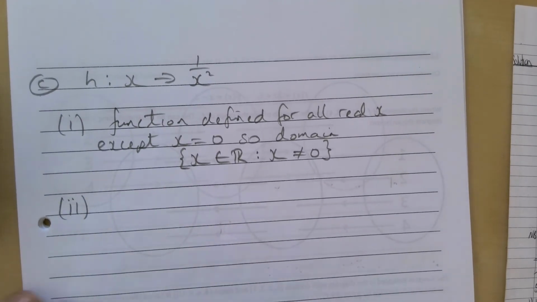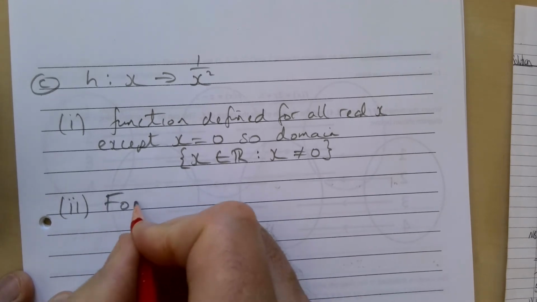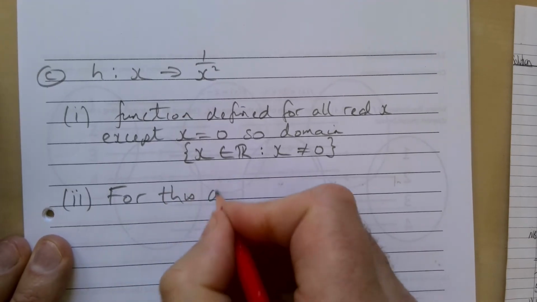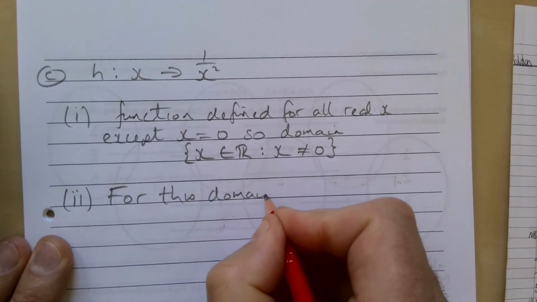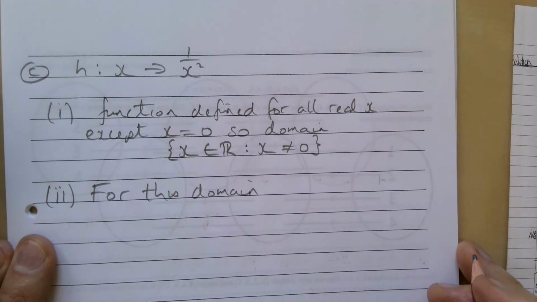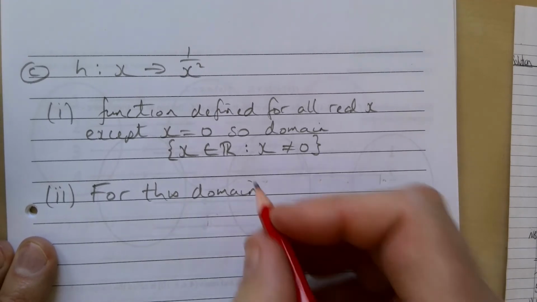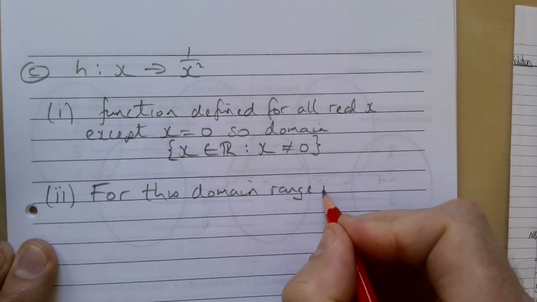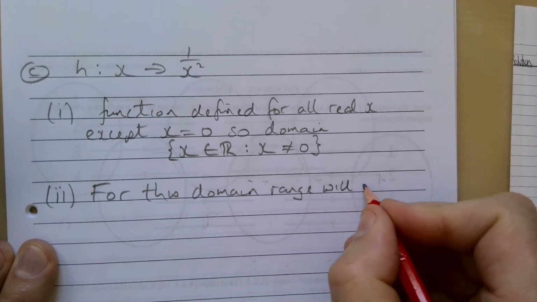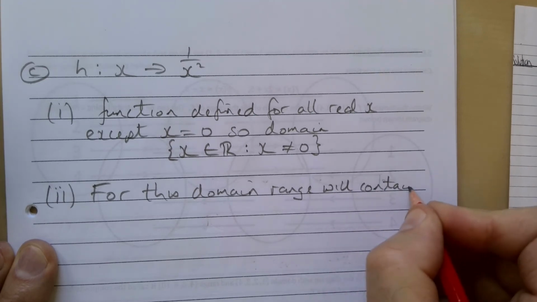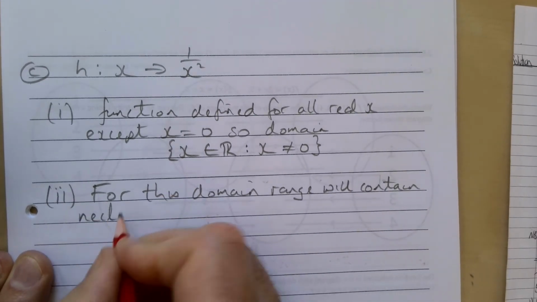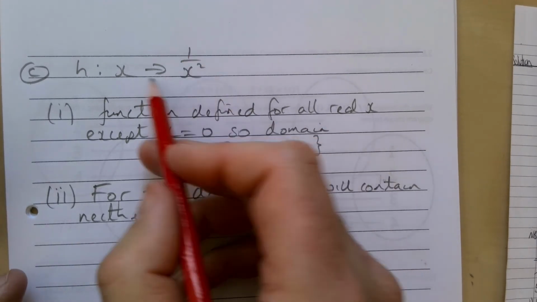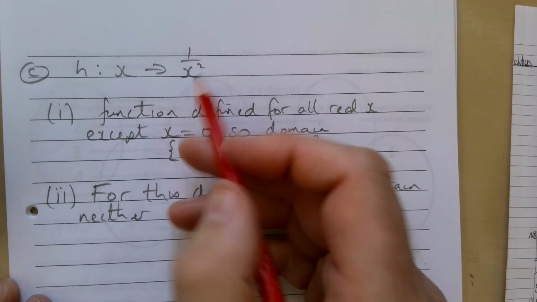So for this domain, the range will contain neither 0 nor any negative numbers. You can't get the number 0 out of this, obviously, but you also can't get any negatives, because whenever you square a negative number, it becomes positive.